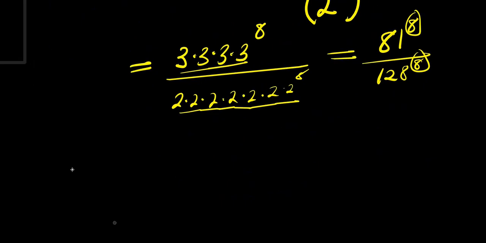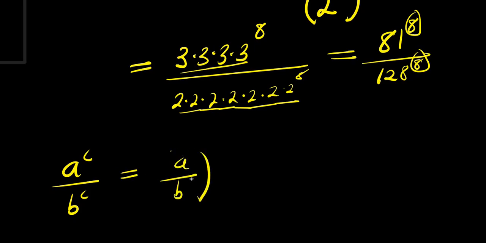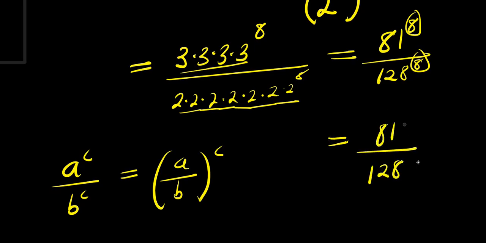So, if you have A power c divided by B power c, it equals A divided by B raised to the power of c, meaning that this will be 81 divided by 128 raised to the power of 8. Now, 81 here is smaller than 128.